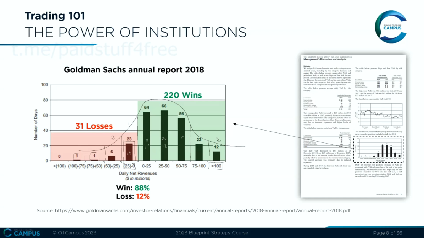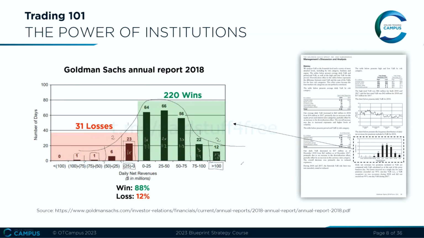Now here, the story goes on. Now they're making 3x. On 56 trading days, they made 3x. So 1, 2, 3. For every $25 million they risk, they make up to $75 million. And the further you go, here they make 4x, or a 1 to 4. And here they make 5x, or a 1 to 5.